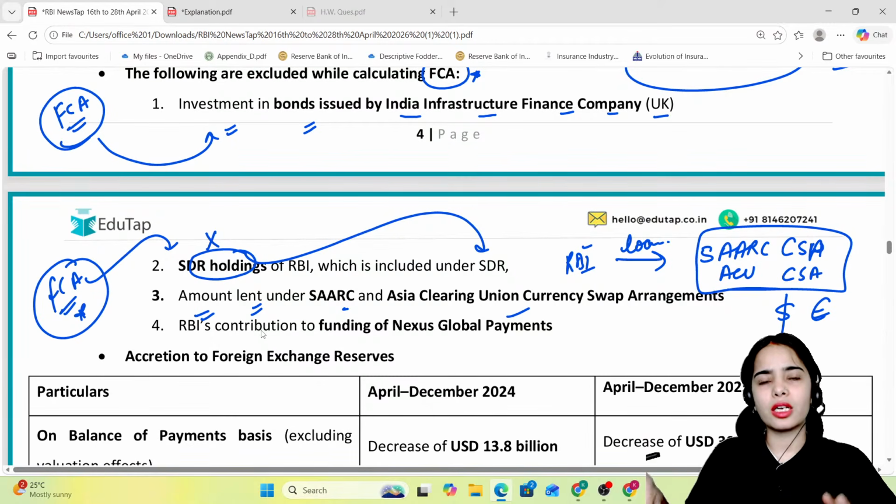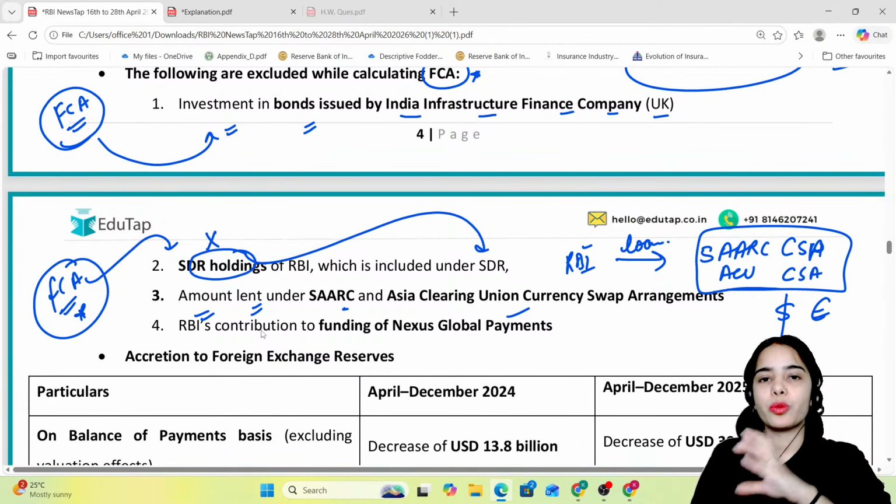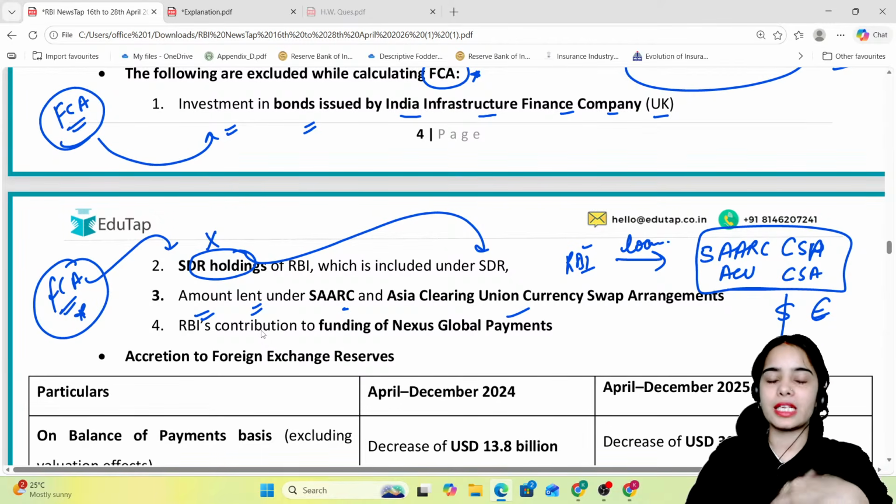What the SAARC currency swap arrangement is, we will discuss later on. But just remember that whatever loan has been given by the RBI under the SAARC currency swap arrangement or the ACU currency swap arrangement has to be excluded from the FCA because this money has been given out.